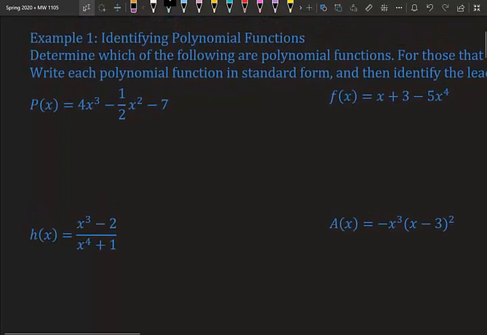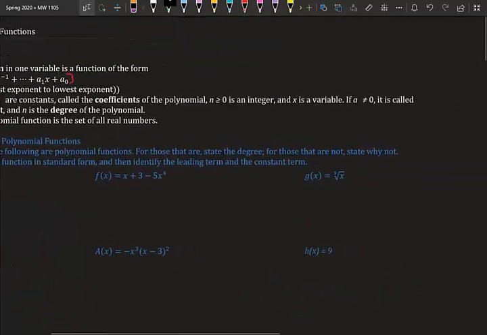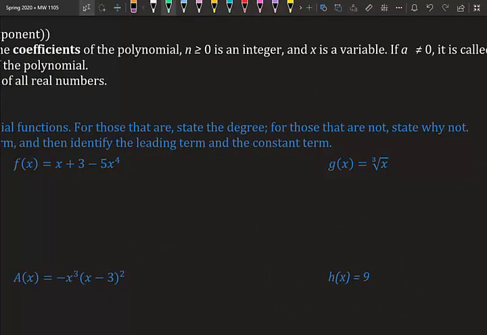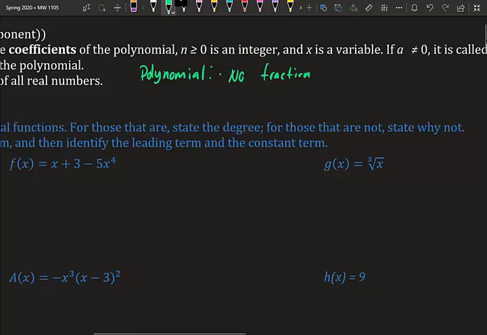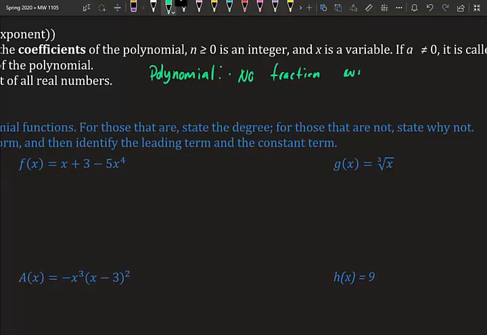Alright, our first one, it is a polynomial. Why? There's no radical. We do have a fraction, but the variable is not in the denominator. If you can't really remember, let me remind you. It's a polynomial if you have no fractions with a variable in the denominator.